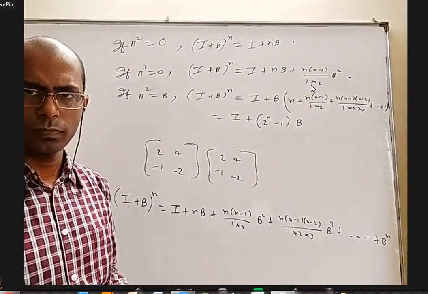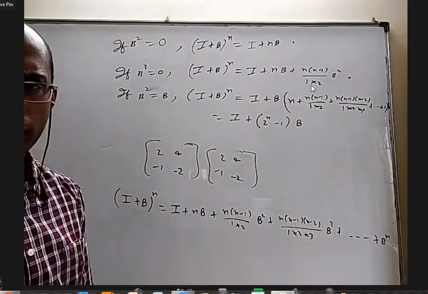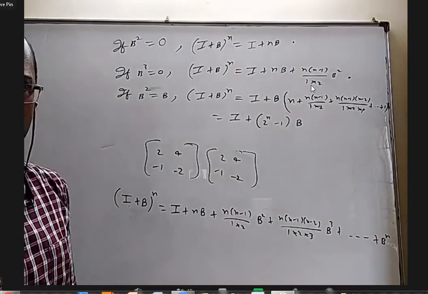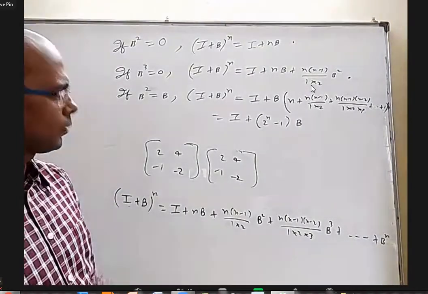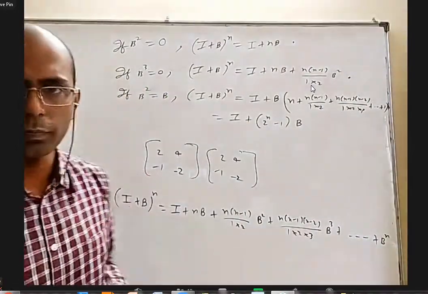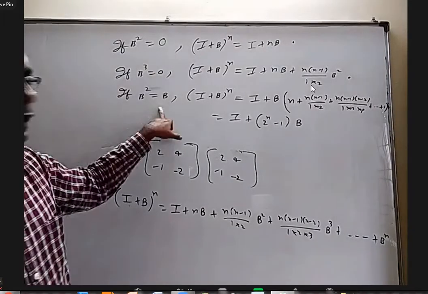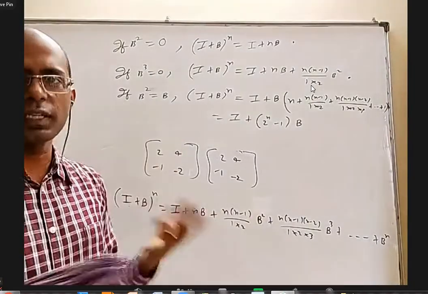Sir, can you explain once the third case, I plus (2 to the power of n minus 1) B, how did you get that? I'm going to explain how this became this. Don't worry. Sir, in the third case, why don't you take a null matrix? That is, B square is equal to 0. No. Whether B is a null matrix or not, if B is a null matrix, there is no question.